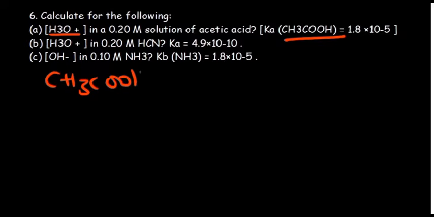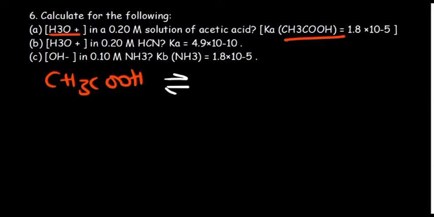After dissociation, I can even omit the water there because it's in liquid state and it's not part of the K expression. So we just have that. We use this to show that it's partial dissociation because it's a weak acid.